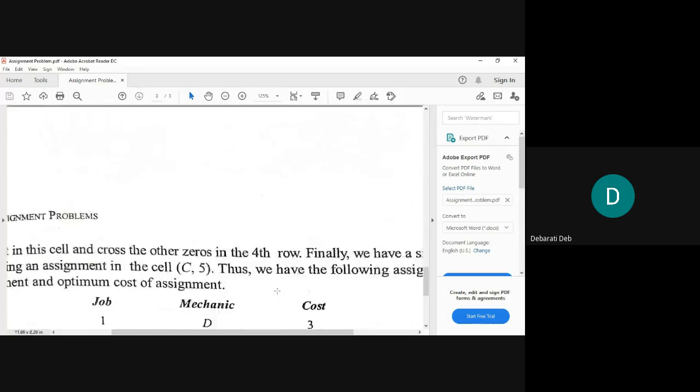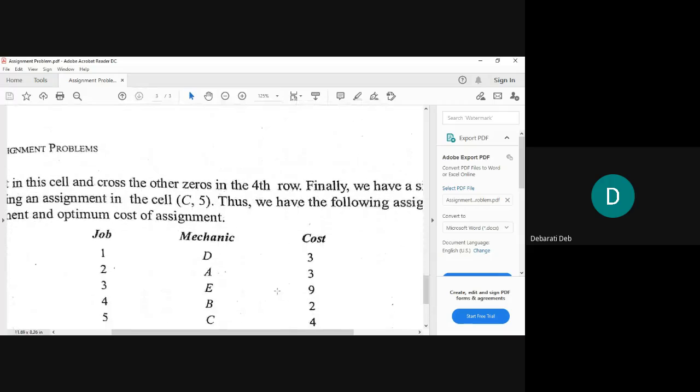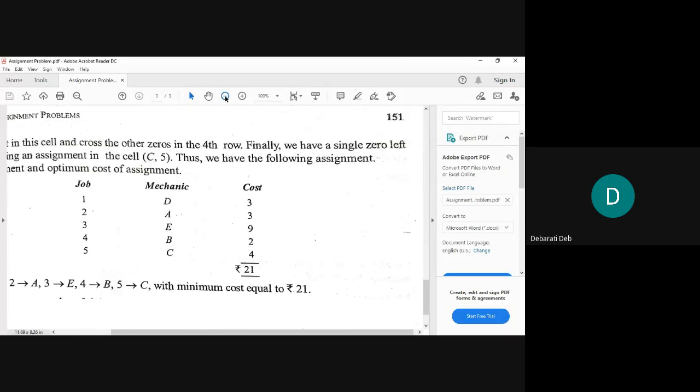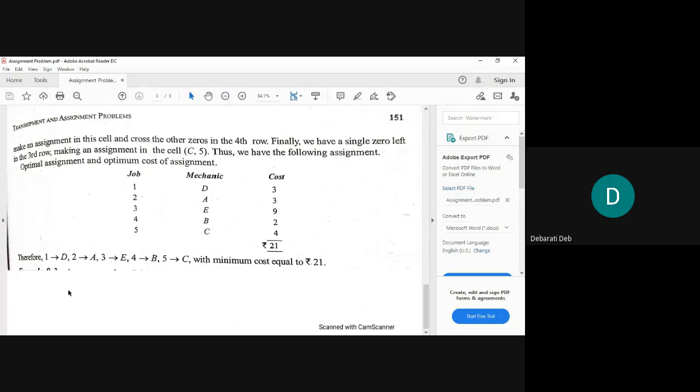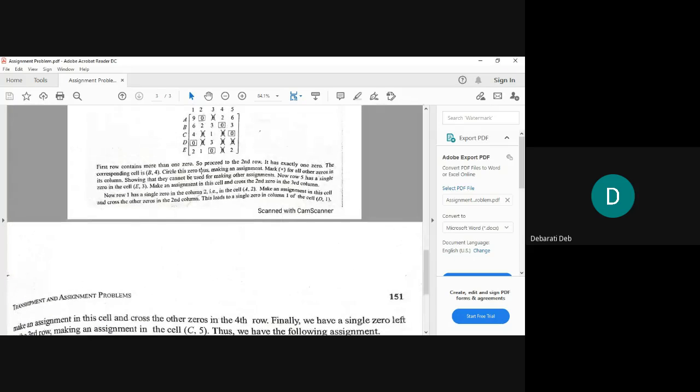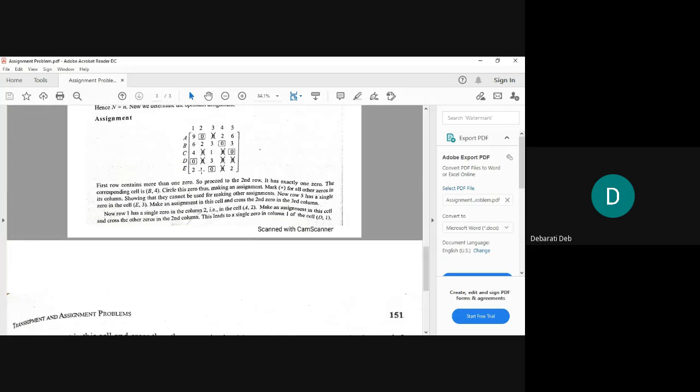Next step you write. Next step you have to make this column, or you can do it on your own also, no problem. It's not a hard and fast rule. So optimal assignment and optimum cost of assignment are as follows. You write it like this. This paragraph you don't have to write. This is written because this is the first sum, and in this book the first sum is explained elaborately.